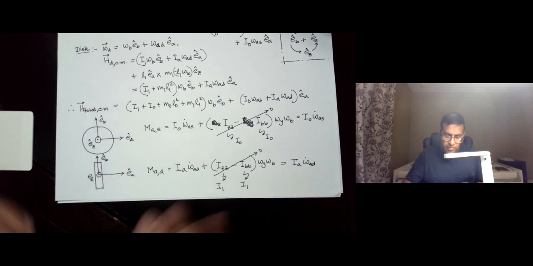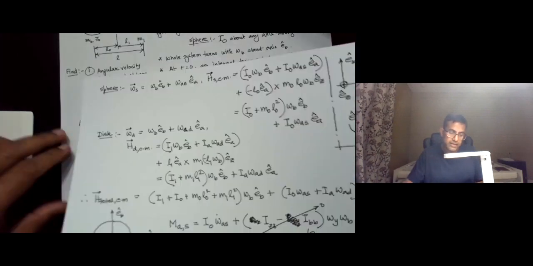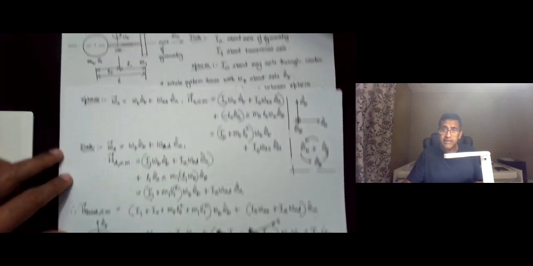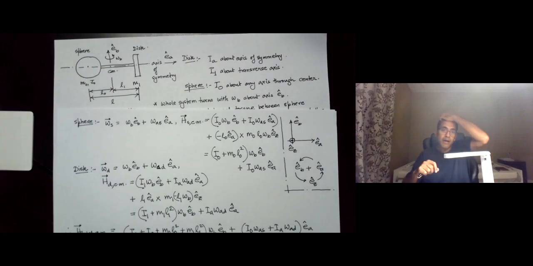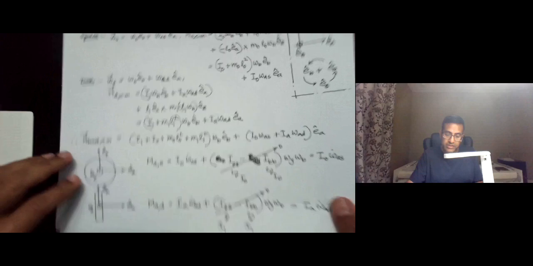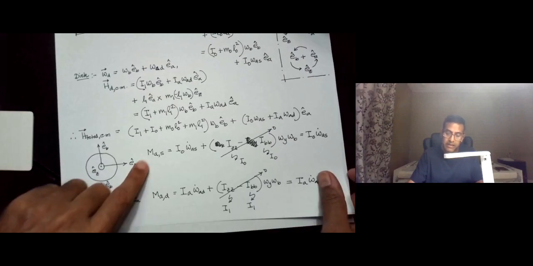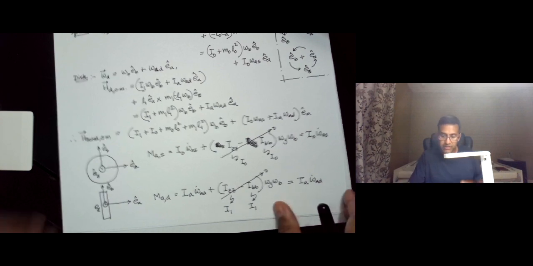Now in this problem it is given that there is an internal moment being applied that causes the disk to turn with respect to the sphere and vice versa. So if there is an internal moment, then we could say that the moment on the sphere and the moment on the disk are basically equal and opposite, right?